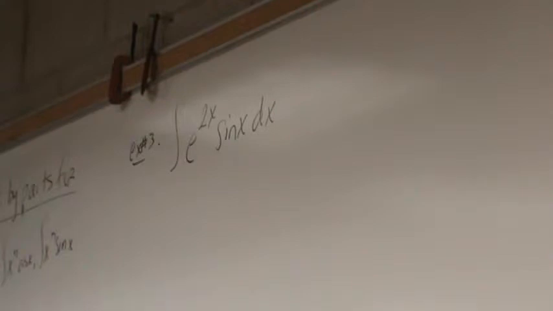And remember, you want to choose a u such that the derivative isn't that much more difficult, ideally the derivative makes things easier. And you want to choose a dv such that when you take the antiderivative, it doesn't make things much more difficult either. So what would you like to be your u, and what would you like to be your dv?